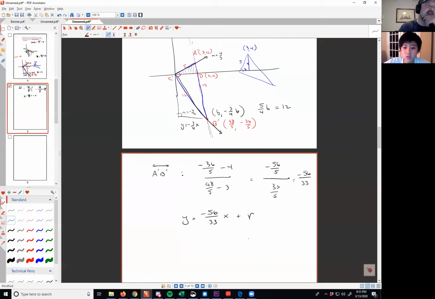What do we have that we can get that from? Oh, we have the slope, so you could just use 3 and 4 and then plug in the point. Okay.